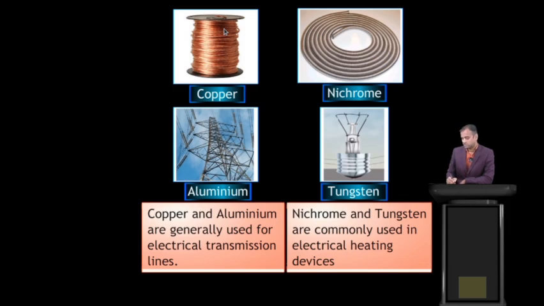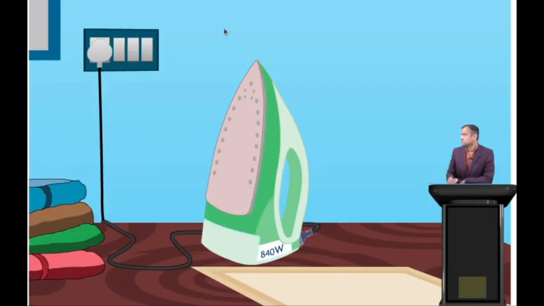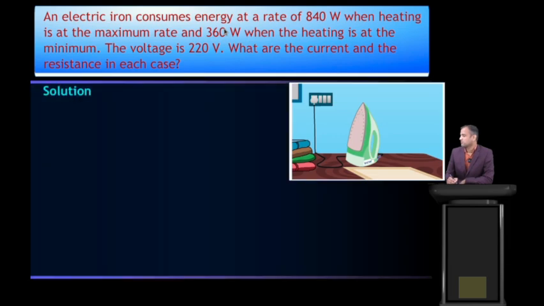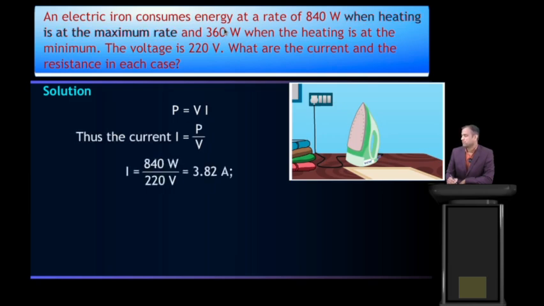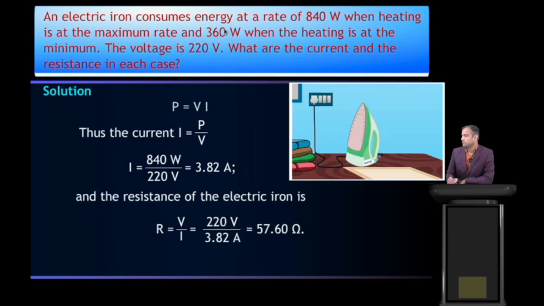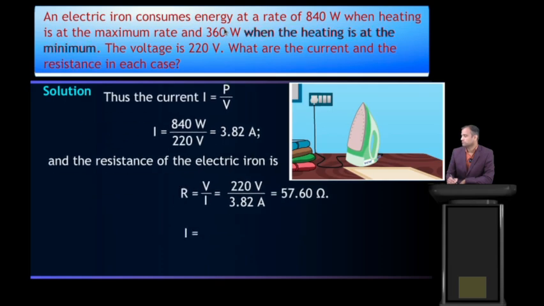So here you can see an electric press. An electric iron consumes energy at the rate of 840 watt. So what is given to us? First we will use P equals VI. Now from here current I equals P over V, and the resistance of the electric iron is R equals V over I. This is again 840 watt over 220 volt.